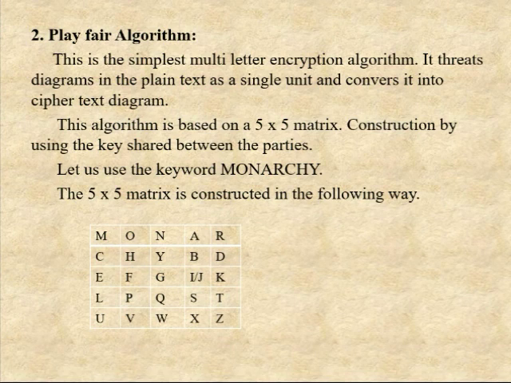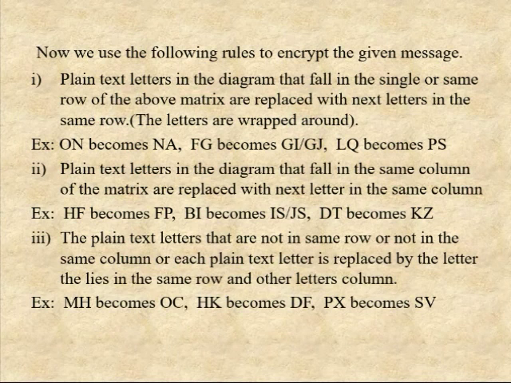Now we use the following rules to encrypt the given message. The first rule: plain text letters in the digram that fall in the same row of the matrix are replaced with the next letters in the same row, and the letters wrap around.